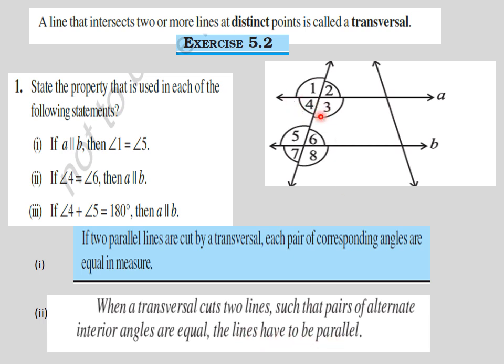So if angle 4 is equal to angle 6, then the lines have to be parallel. This is the statement which says that it is true. Second question is done. Now the third question we will see on the next slide.